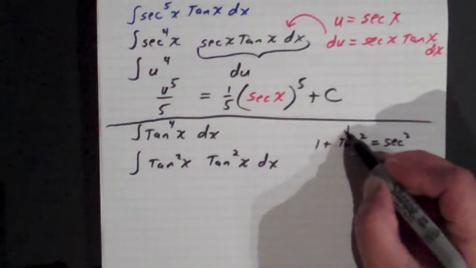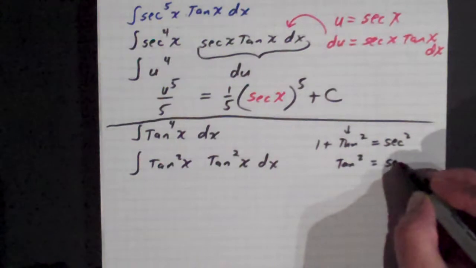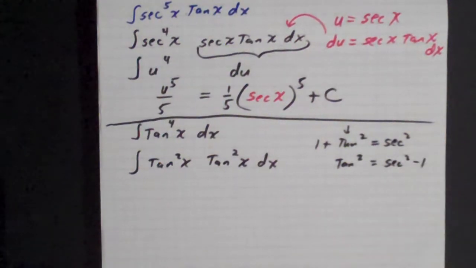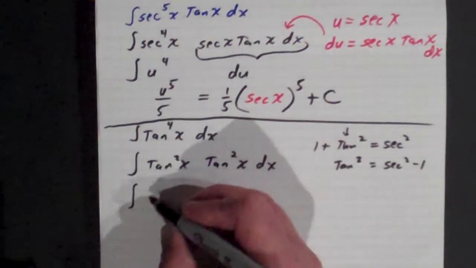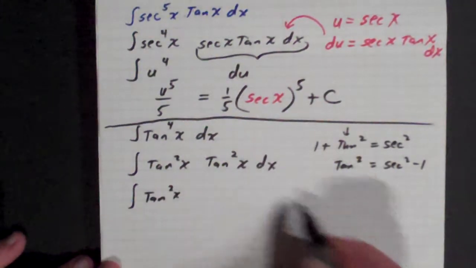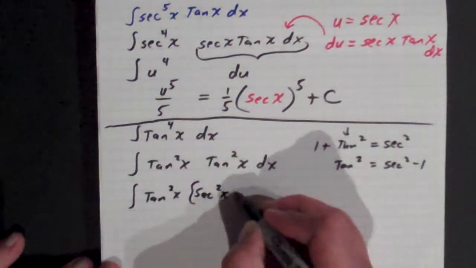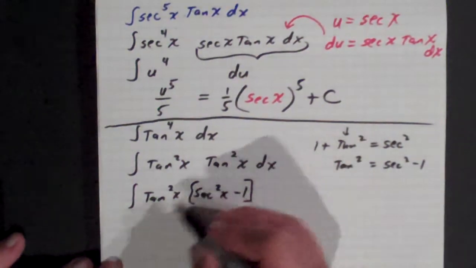So if I solve for tangent squared, it could be the same as secant squared minus 1. So I'm going to leave one of these tangent squareds. I'm going to change this tangent squared into secant squared minus 1, and then I'll distribute.